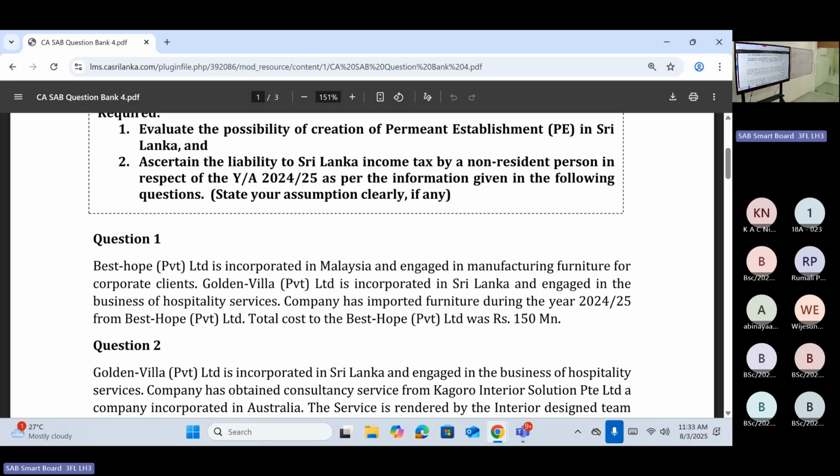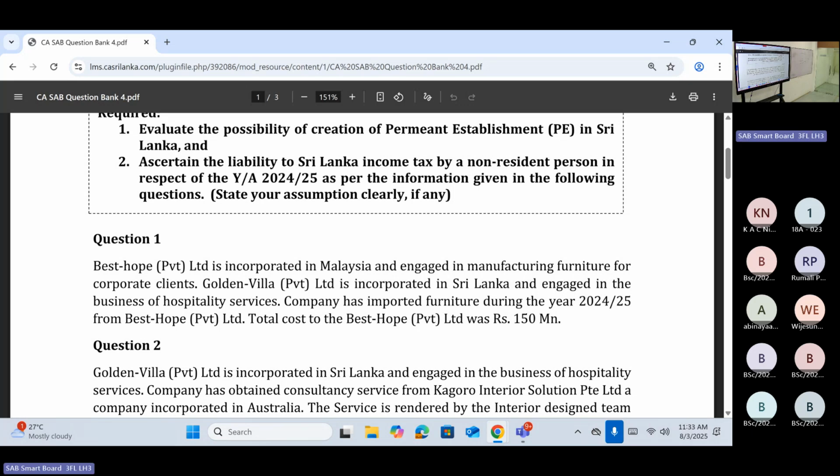Is there a source in Sri Lanka? No. Section 73 only covers a resident person making a payment for services, not for tangible goods. Therefore, there is no source in Sri Lanka.